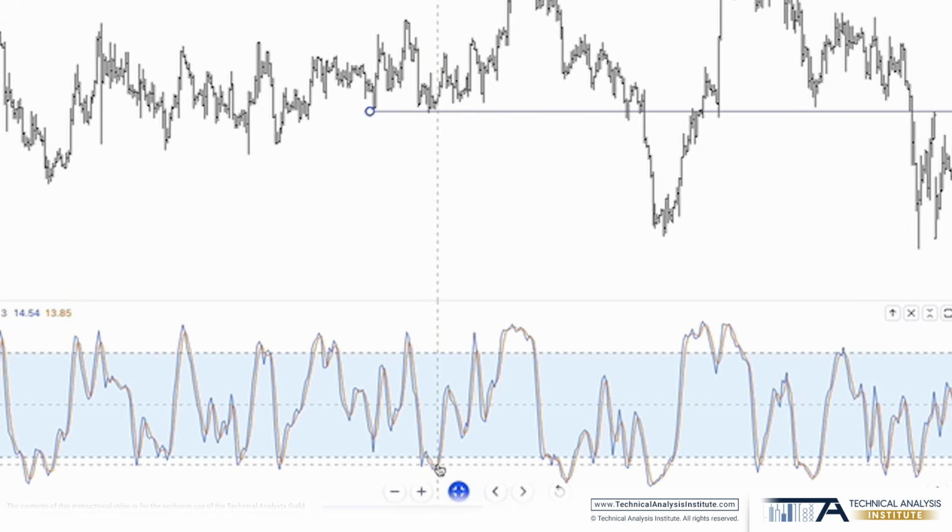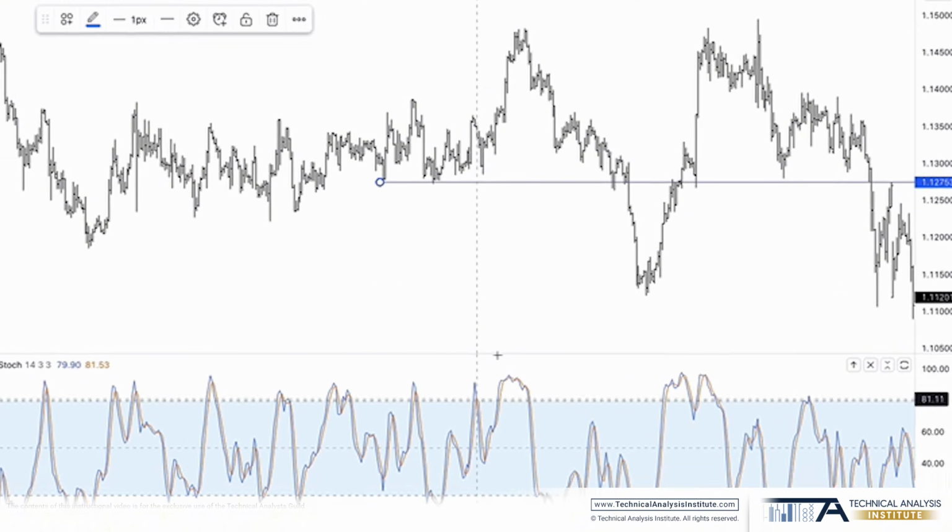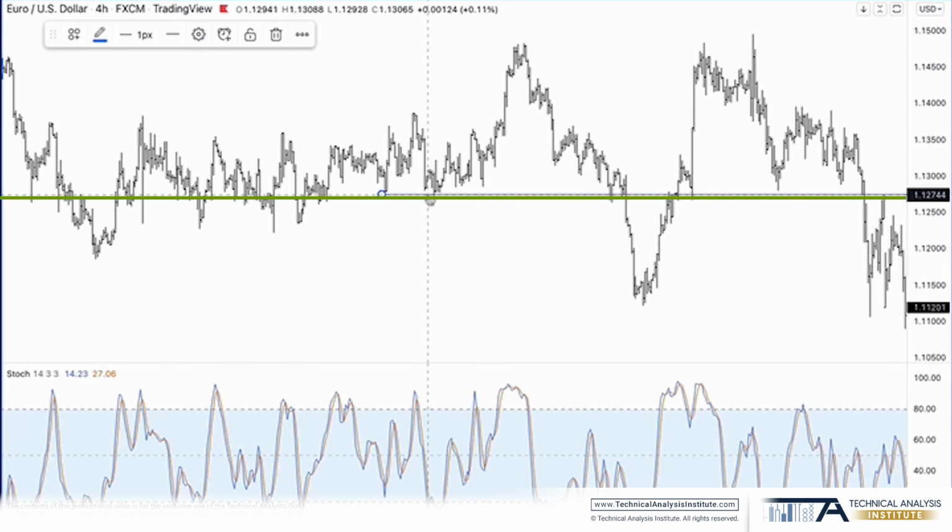And it is in the oversold area, and on top of that, it penetrates the 20 reference line. So all in all, a buy signal. Since we are above support, we have to consider that all the buy signals that the stochastic gives you should be valid, legitimate signals to buy.